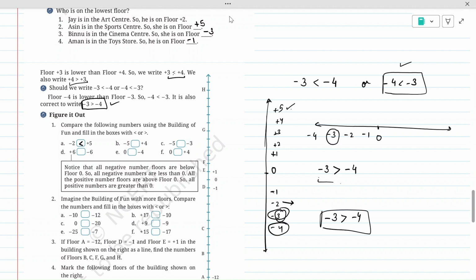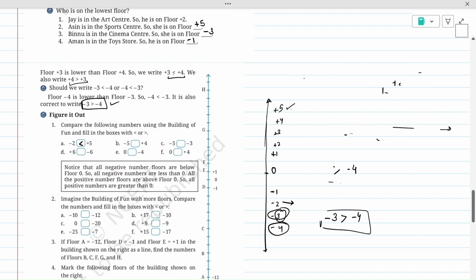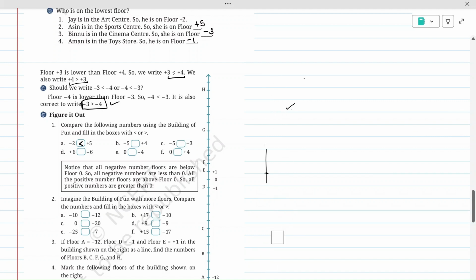Let me erase this part and it will be easier for you to understand these questions. Let me make it again as a vertical line. We have 0, +1, +2, +3, +4, +5, +6, and -1, -2, -3, -4, -5, -6 and so on.